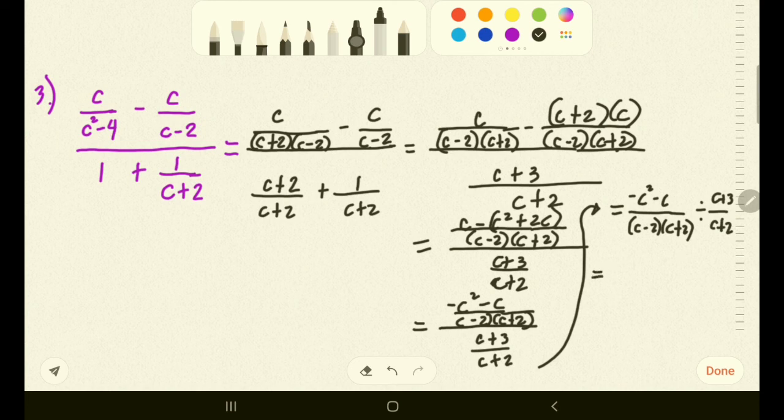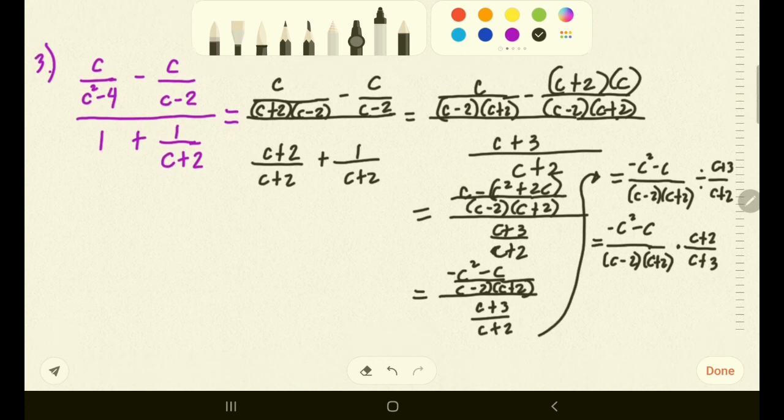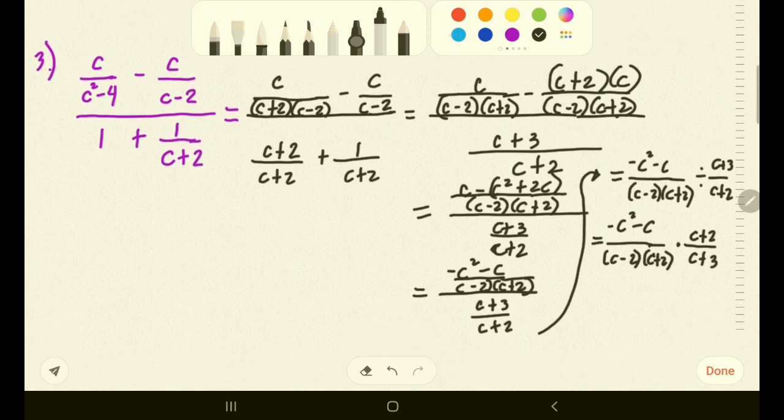And then you express into multiplication: over c minus 2 c plus 2 times the reciprocal, c plus 2 over c plus 3. So now, the common factor is c plus 2, this. So, cancel. And then, there's nothing else.